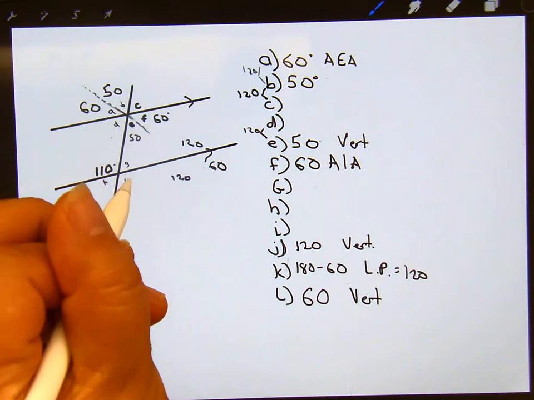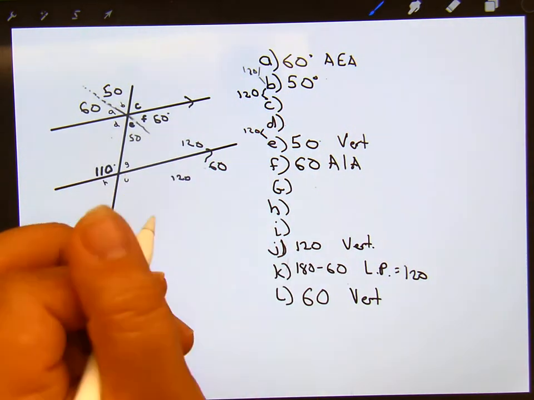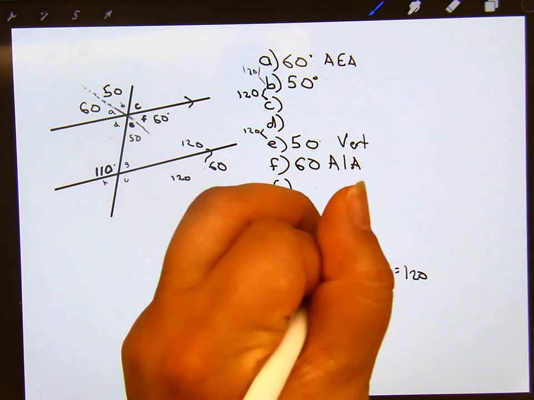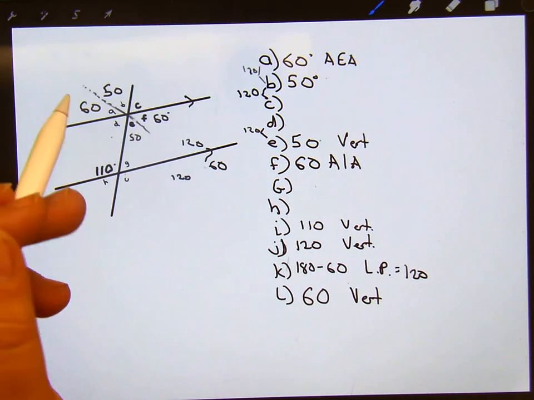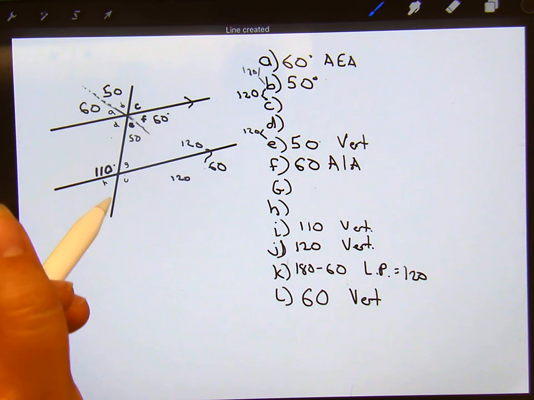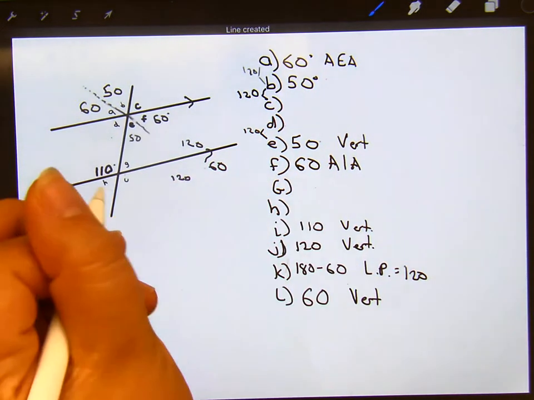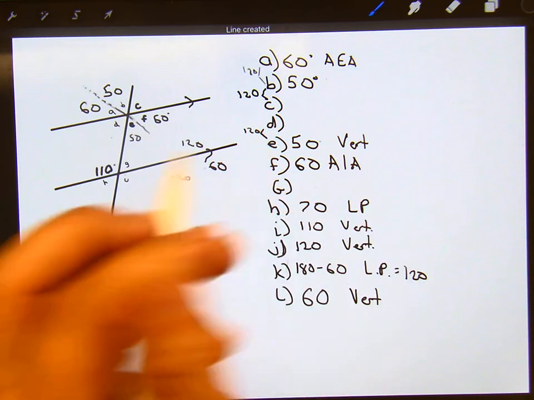So we have I, and well, if this is 110, then I has to be 110 because it's vertical with that one. And again, there's multiple ways to do this. If this is 110 and we know that H and 110 are a pair, then H is going to have to be 70 degrees because it's a linear pair.